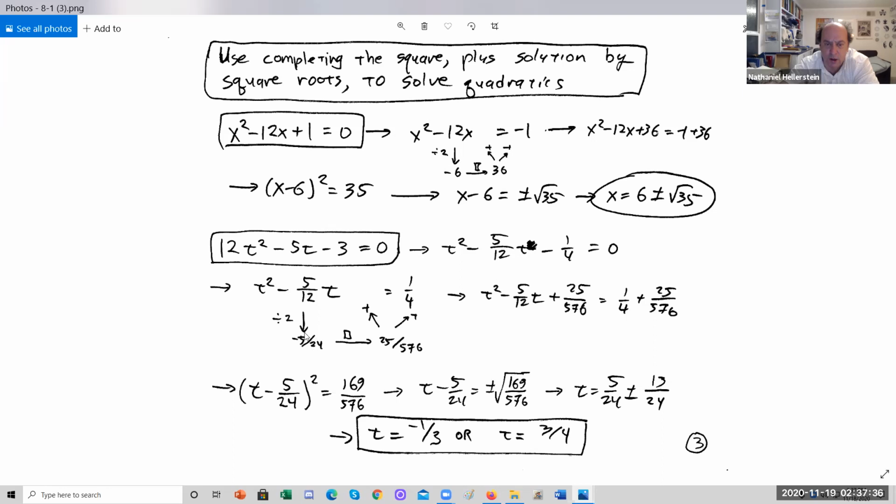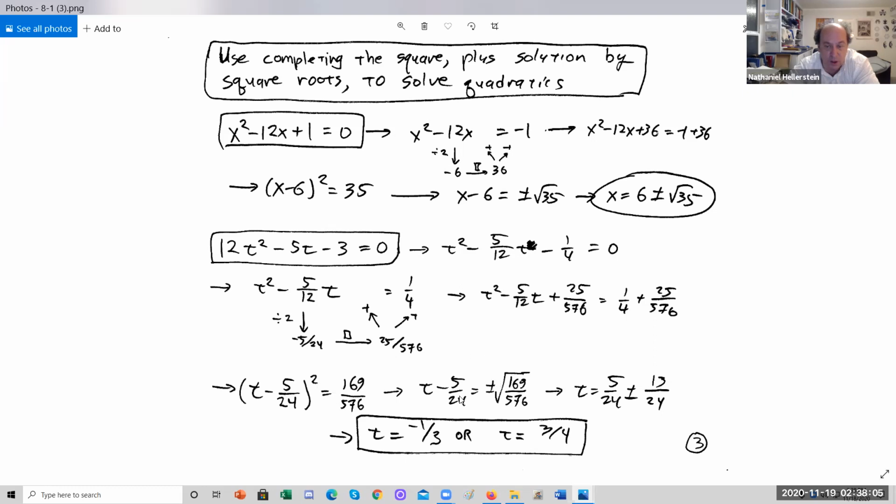It'll be t minus 5 24ths, squared. And then this, okay, I cheated and ran to a calculator, but it's easy enough. It's 169 over 576. Then we have (t minus 5 24ths) squared equals 169 over 576. So next step is we take the square root, plus or minus.